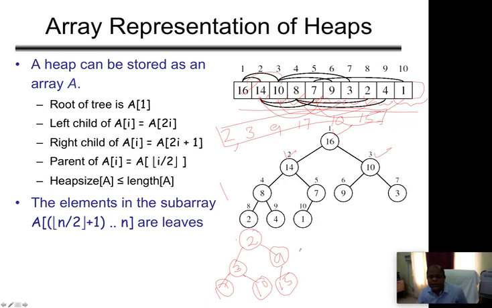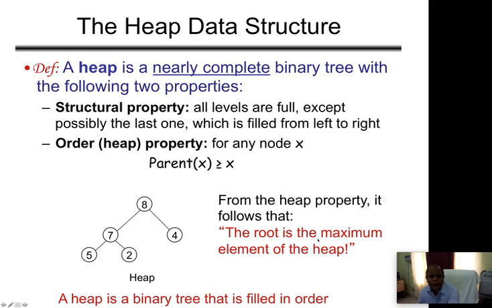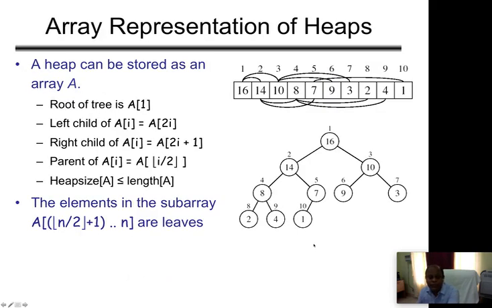Now this is a given array of 6 elements. This array can be thought of as a nearly complete binary tree. Hence, any array that is given can be thought of as a nearly complete binary tree.